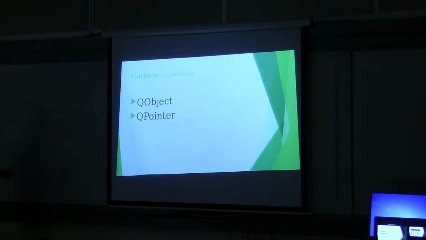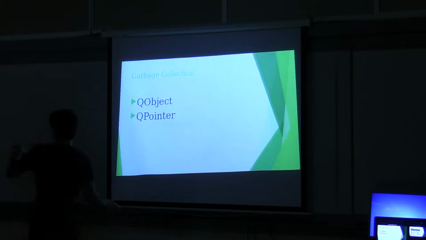Unlike in C++, whenever you have dynamic allocation, you should have the delete operator, or manual deallocation of the allocated object on the heap. Qt has some workaround on this concept.